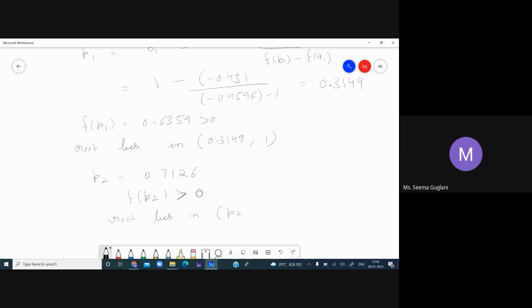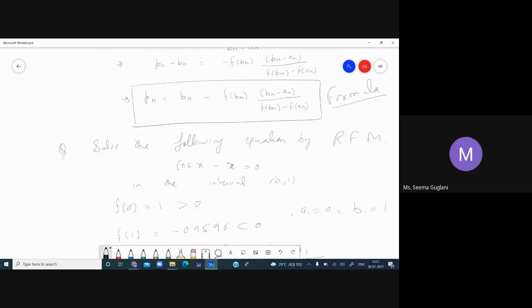The root will lie in P2 to B2. With P2 you find f of P2 as 0.0352, so you can write the interval as 0.0352 comma 1. So in this way, this is the basic of the regular falsi method.